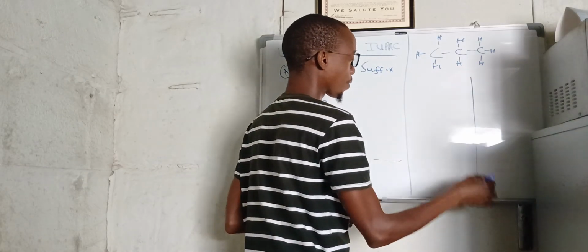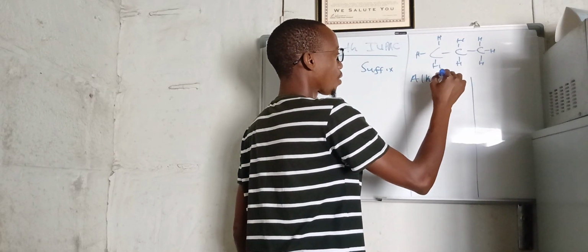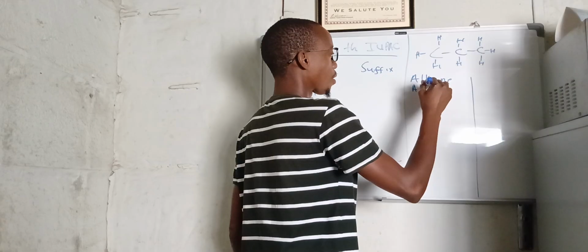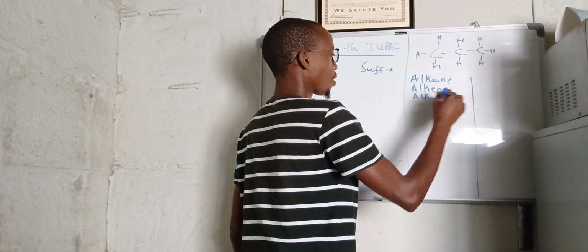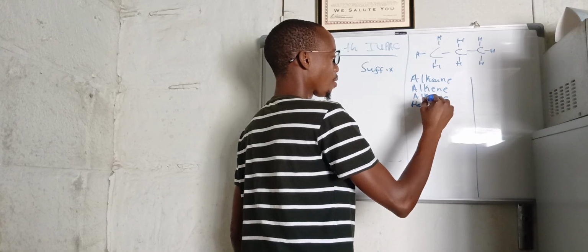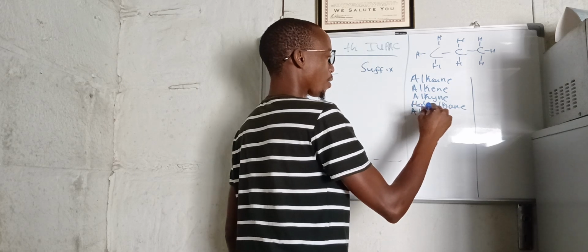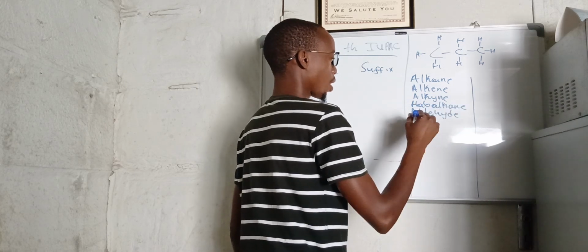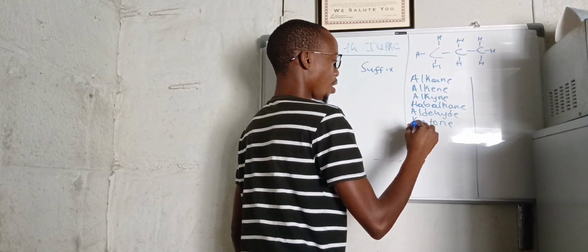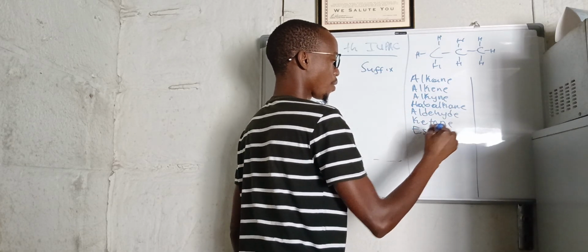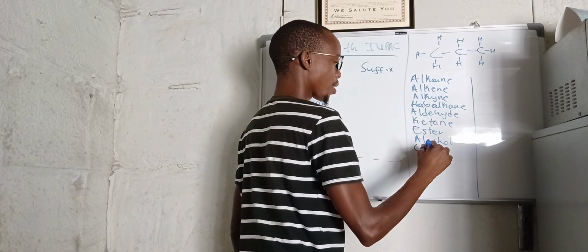Write the 9 different types of homologous series: alkane, alkene, alkyne, haloalkane, aldehyde, ketone, ester, alcohol, carboxylic acid.